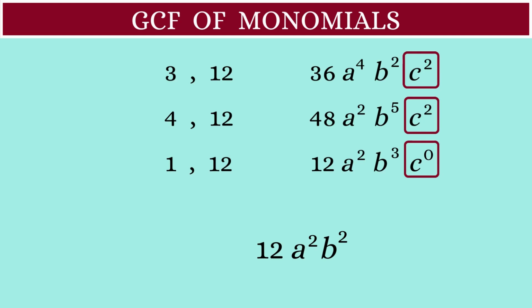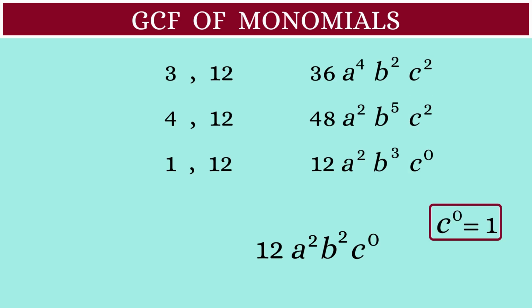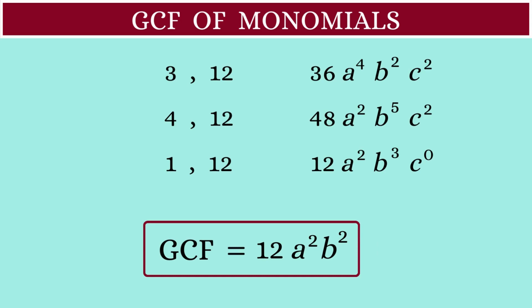So, we'll consider c to the power of 0 in our GCF. C to the power of 0 is 1. So, our GCF is 12 a square b square.